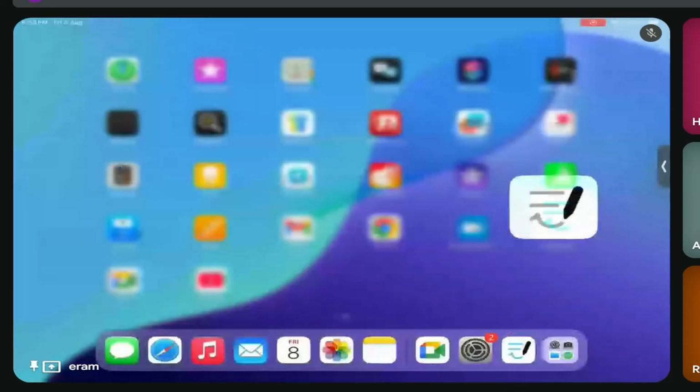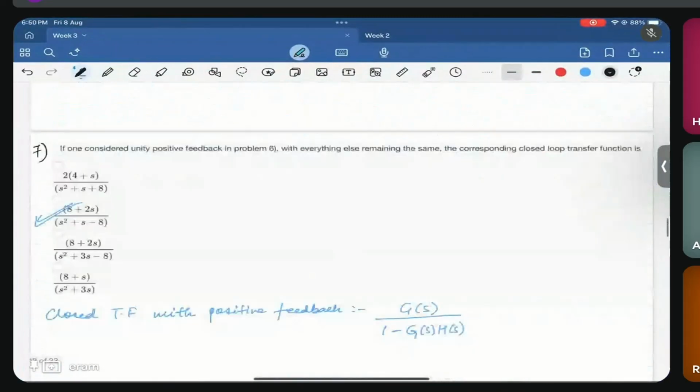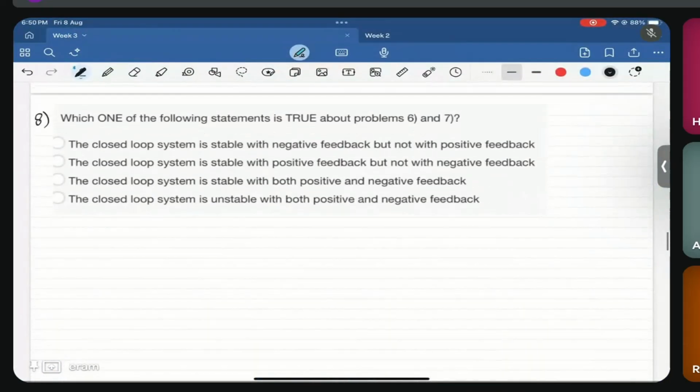Okay, so which option is correct? First. Yes. So we have seen that for this example, with negative feedback the system was stable, and for positive feedback the system was not stable. Okay, so option A is correct.